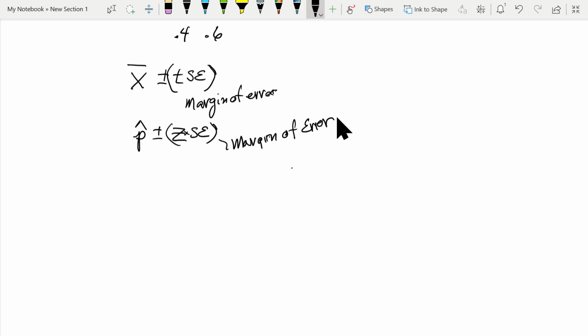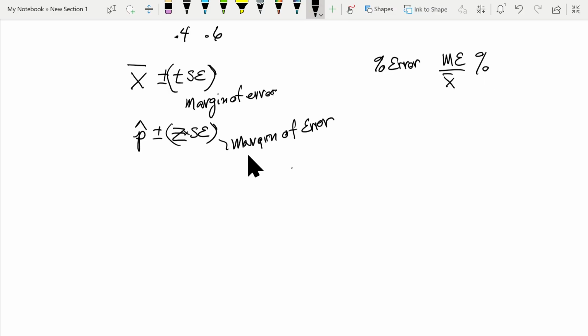In the X bar version, estimating a mean, we can have a percent error, which is the margin of error divided by the mean as a percent.